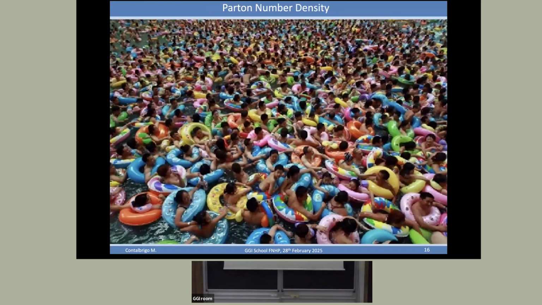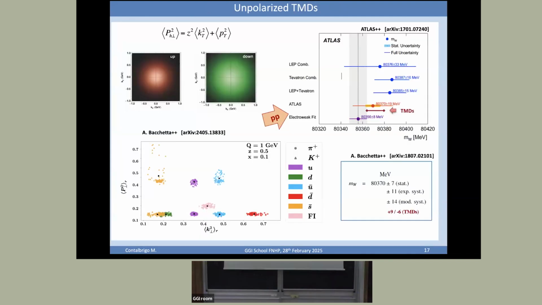So let me start with some flashes. Number density of the partons. We started to have images of the nucleon and try to speculate again about the flavors, how they are distributed. You see here that we had a first hint a few years ago that the U were more concentrated than the D. Now more recent results show the opposite.